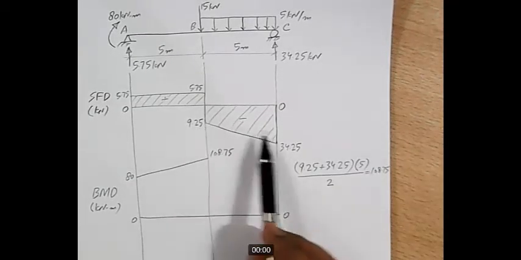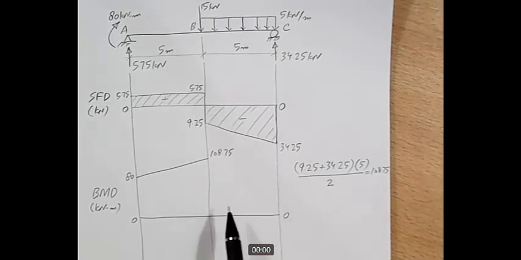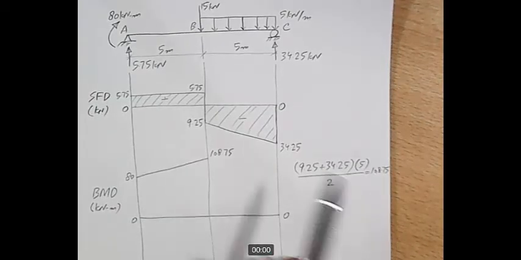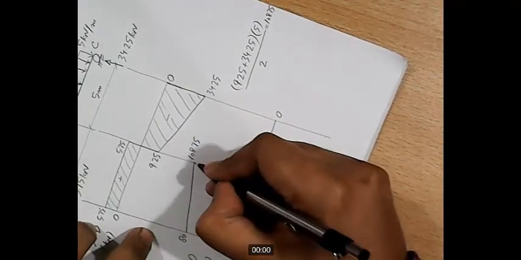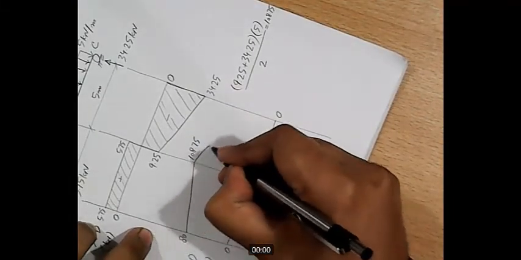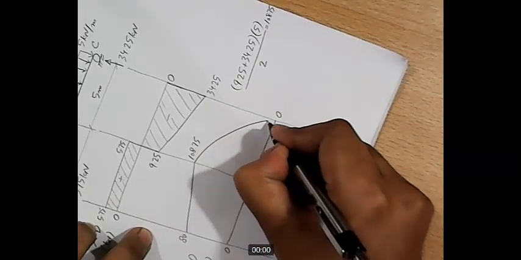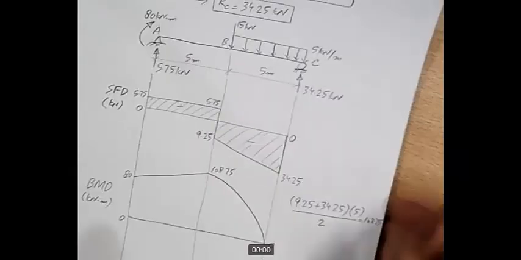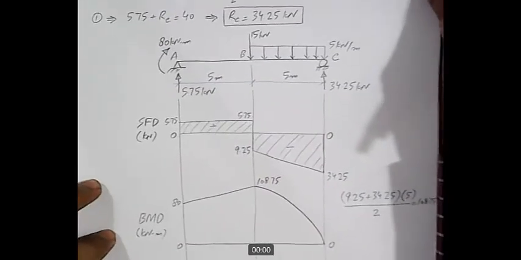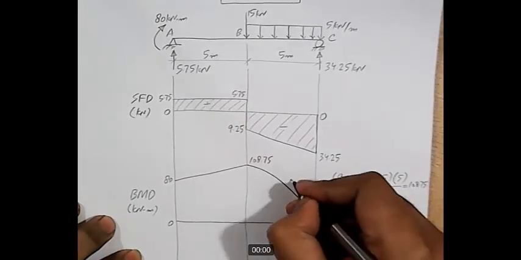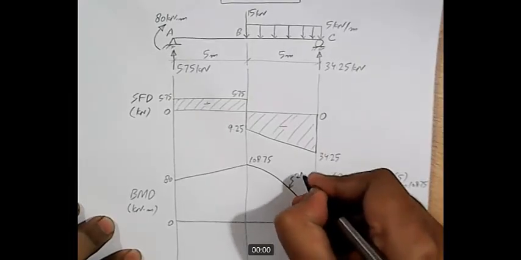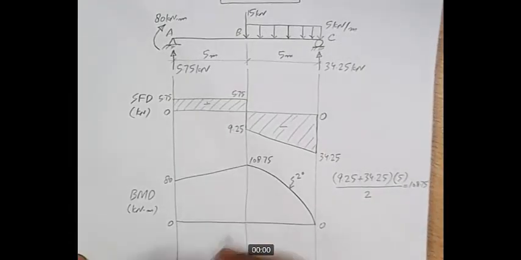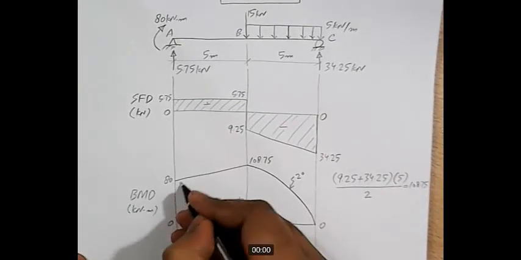As the magnitude of the shear force is increasing, the slope of the bending moment diagram should also be increasing, which means that we should draw a curve something like this. So this is a second degree curve. We need to write it down here with convex up, and the entire bending moment diagram is positive.